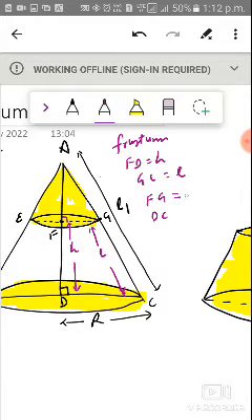FG is small r, and DC we have taken as capital R.